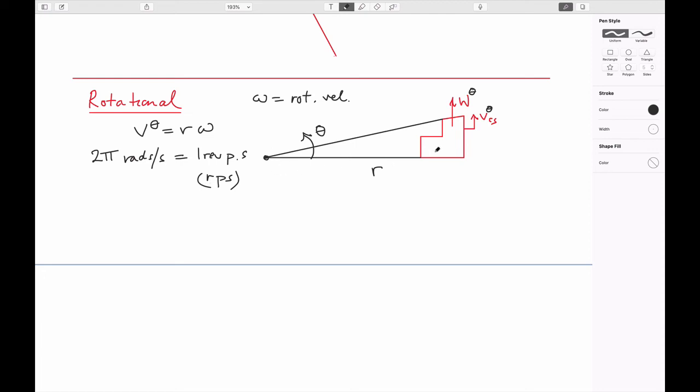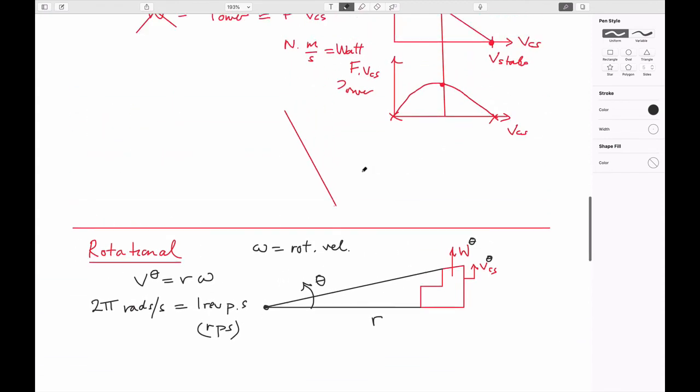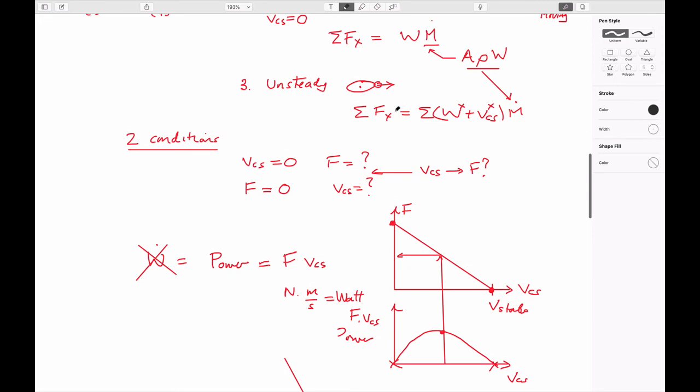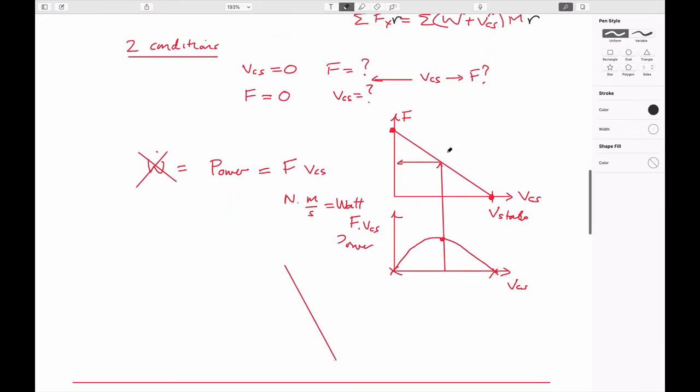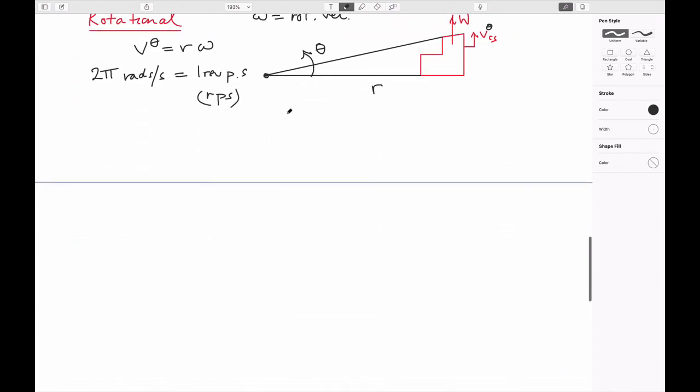And actually, to get the expression that defines this behavior, all we need to do is take this and multiply by a radius and a radius. And if we do that, we end up with an expression which is the sum of the forces times a lever arm is equal to the sum of a lever arm, the relative to the nozzle, if you like, velocity, plus the velocity of the control surface, multiplied by the mass flow rate.